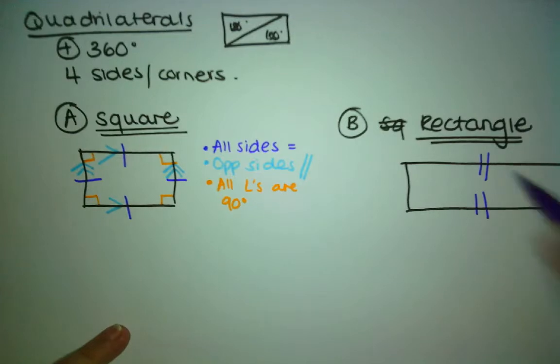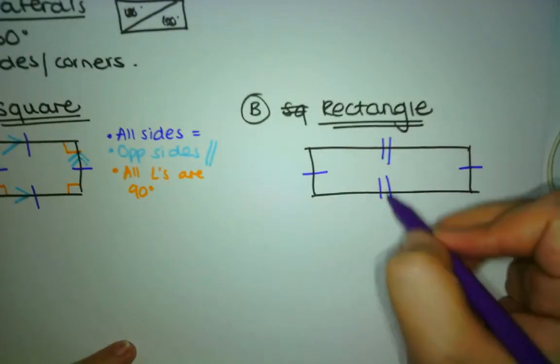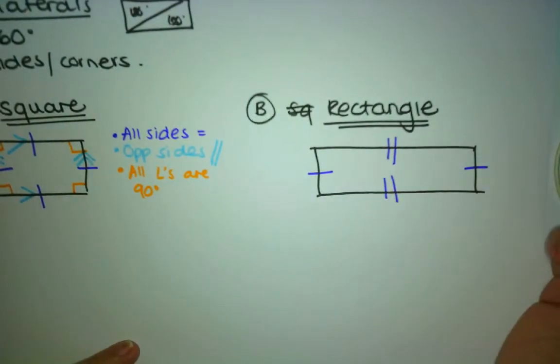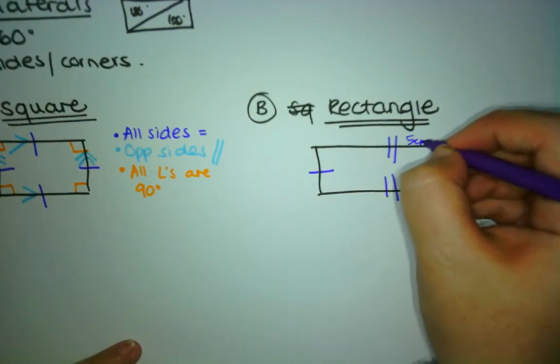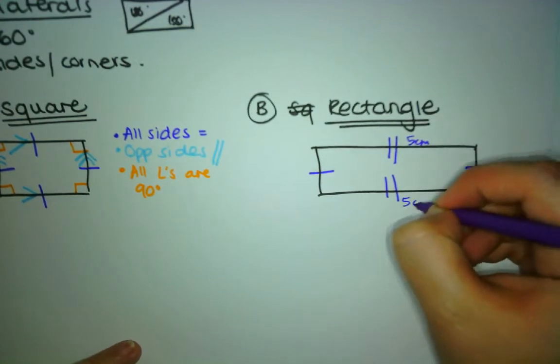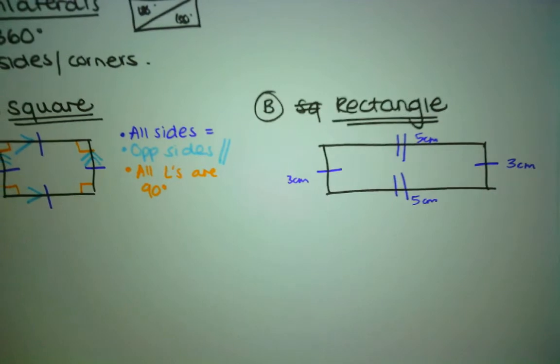It's 4 and 4, and then this will be 3 and 3 or whatever. Okay, so that means that these two sides are different lengths. Alright, so if you want to, you can even say that this is 3 centimeters and this is 5 centimeters, and this would be 5 and 3. Okay, whatever you want to do.